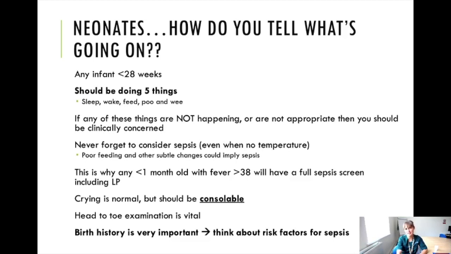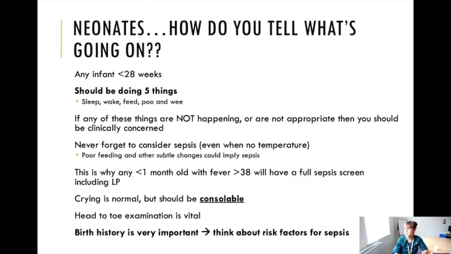When we're talking about things not being appropriate, it might be that their feeding's gone off, it's more erratic, they're not waking for feeds, or not wanting their feeds, which is a big one. Normally you should have incredibly heavy nappies, so if the urine output goes off, that's a big thing. And there should be a balance between sleep and wake.